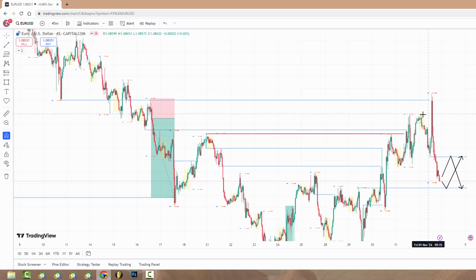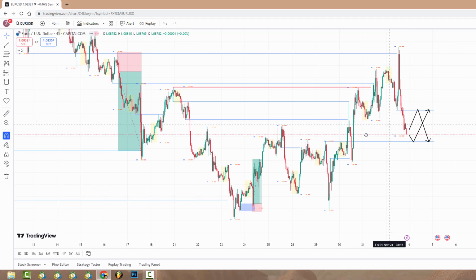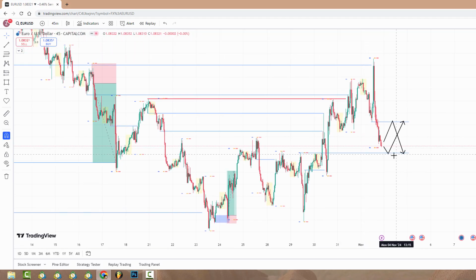And we also take out this liquidity, these sort of equal highs, and then we come back down to where? To either come to this efficiency right here, to this bullish efficiency, if you want to call it, or to this bearish efficiency. And price in the upcoming week will do one of these things. Will come down to then go up, or will come up to then go down.